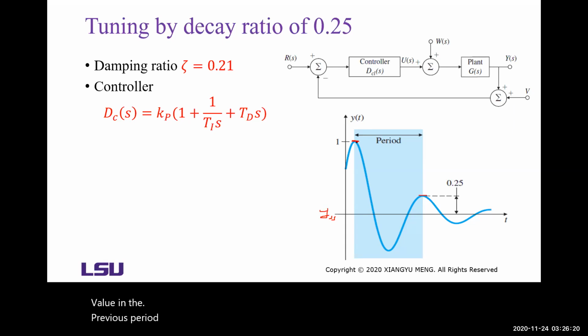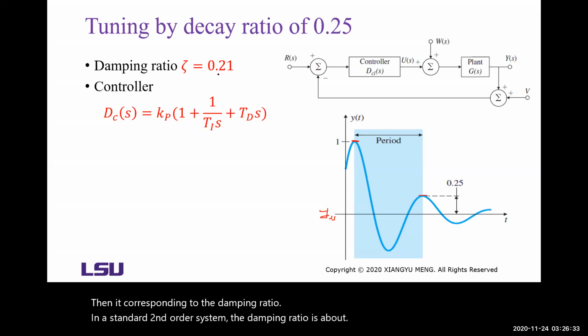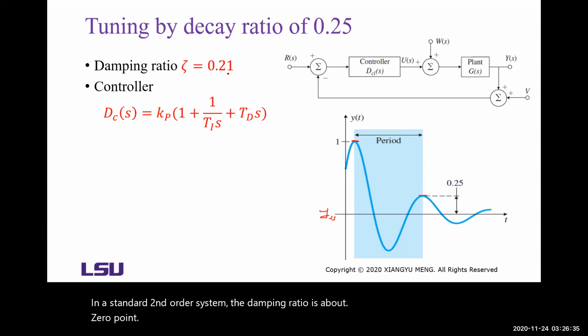This corresponds to the damping ratio in a standard second order system. The damping ratio is about 0.21.